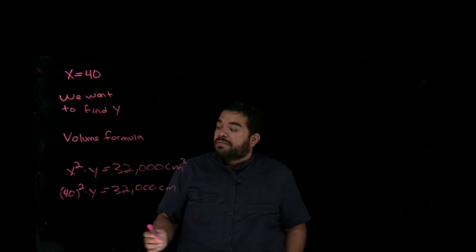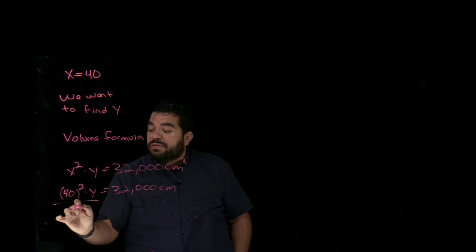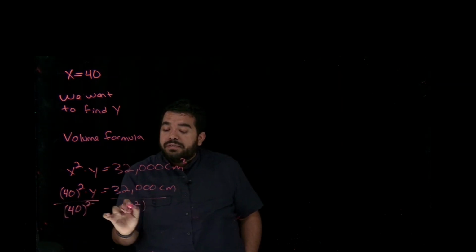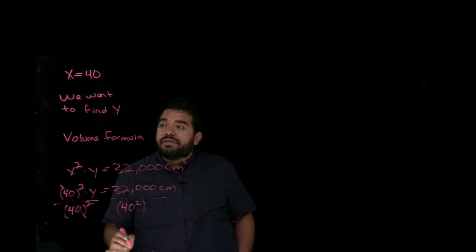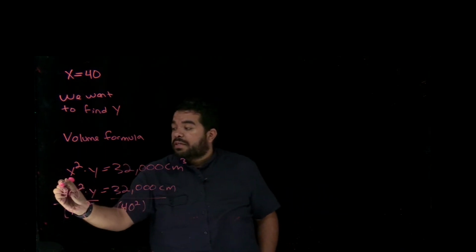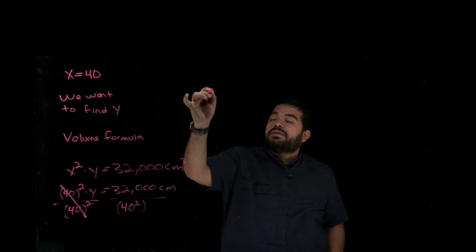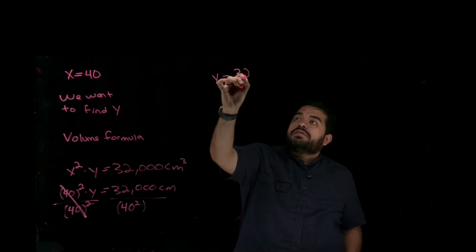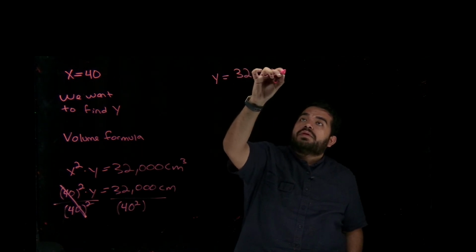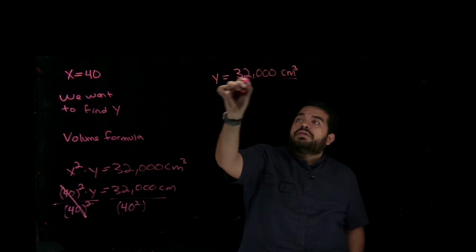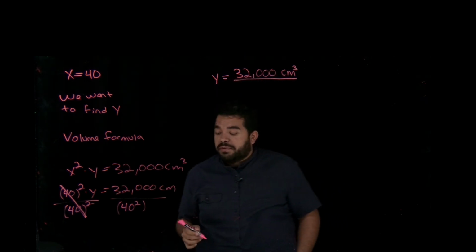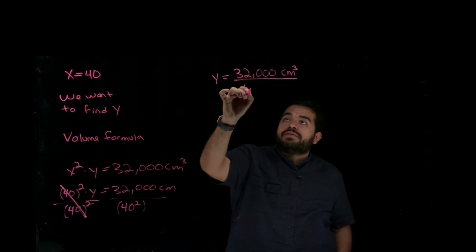We want to isolate y, so we're going to divide both sides by 40 squared. That cancels out on this side, and on the other side we have y is equal to 32,000 cm cubed over 40 squared. Now if you plug in 40 squared to your calculator, you should get 1,600.